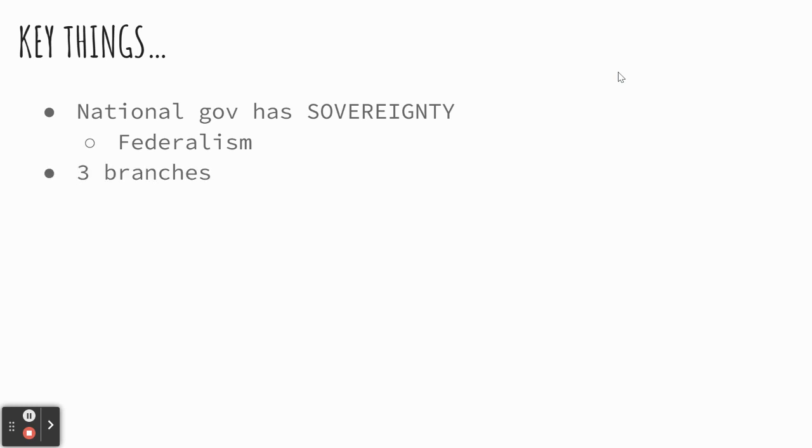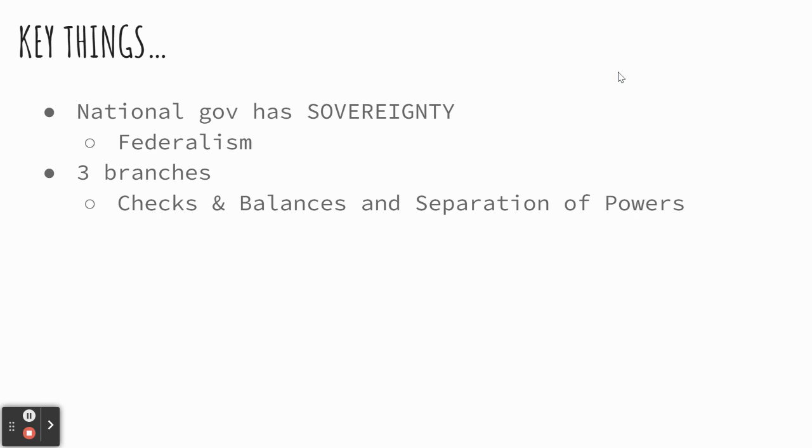It's also important to remember that the Articles of Confederation only had one branch, but the Constitution creates three. Obviously, there's an executive branch and a judicial branch that are new, and it also has a legislative branch like the Articles of Confederation did. Remember that one of the things the Constitution stressed was the idea of checks and balances and separation of powers between the branches.